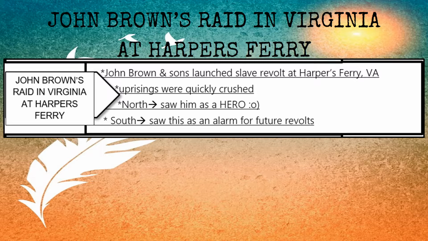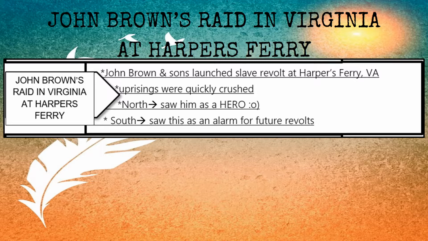They wanted to capture an arsenal, which is basically where the South stored their largest collection of almost 20,000 pistols, muskets, and weaponry. Their hope was that they could arm all of the slaves in this region, and the slaves would then fight alongside them. Well, none of the slaves showed up out of fear, and so the uprising was quickly crushed.